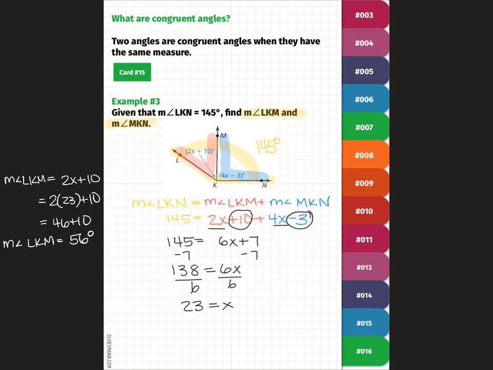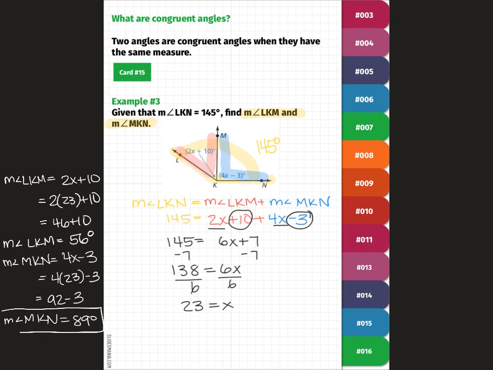Then I know that the measure of angle MKN is equal to 4x minus 3, so that's 4 times 23 minus 3, which is 92 minus 3. So the measure of angle MKN is equal to 89 degrees.